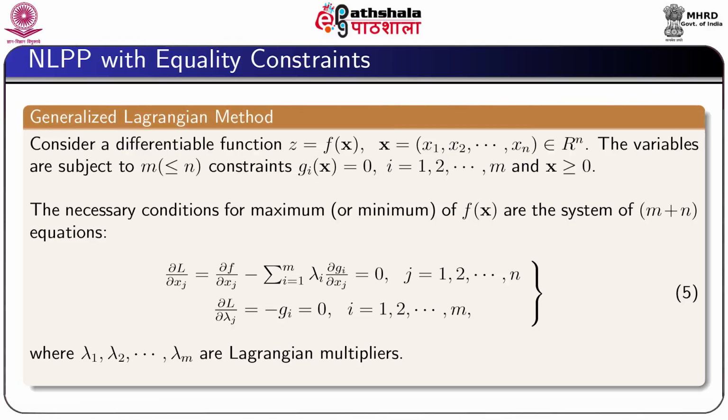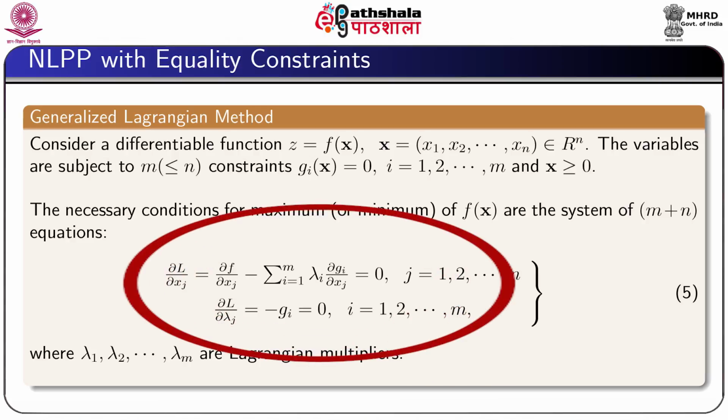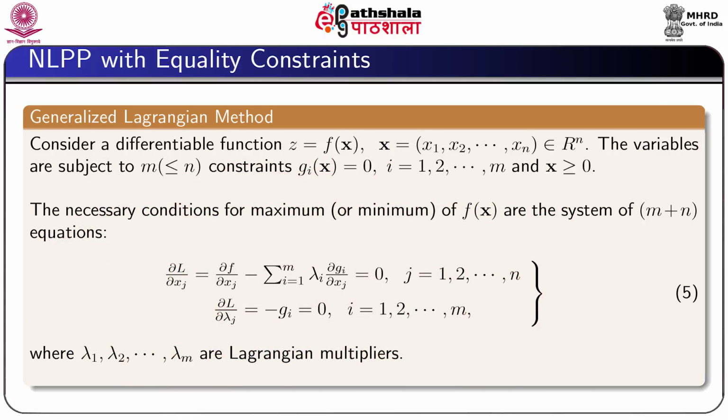Then the necessary conditions for maximum or minimum of f(x) are the set of m plus n equations as given below. ∂L/∂xj equal to ∂f/∂xj minus summation i equal to 1 up to m lambda_i ∂g_i/∂xj is equal to 0, where j varies from 1 up to n, and ∂L/∂lambda_i equal to minus g_i equal to 0, where i varies from 1 up to m.